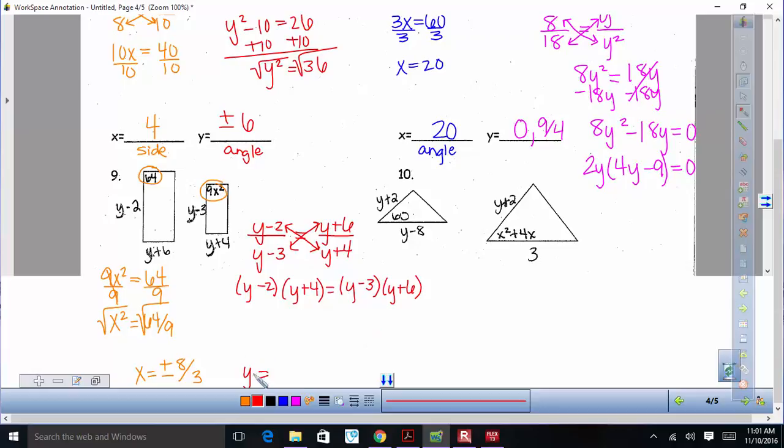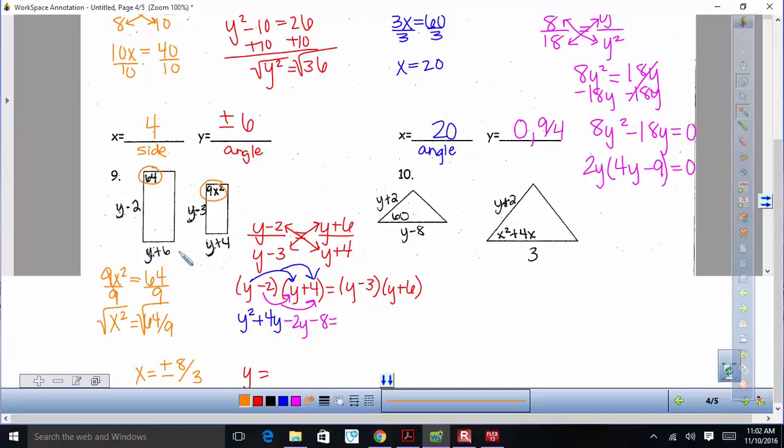Okay, so yesterday we distributed. So we're going to take this y and we're going to multiply it by everything in the second parentheses. So that's going to be y squared plus 4y. Then I'm going to do the same thing for this negative 2. I'm going to take negative 2 and multiply it. So negative 2 times y is negative 2y. And negative 2 times 4 is a negative 8.